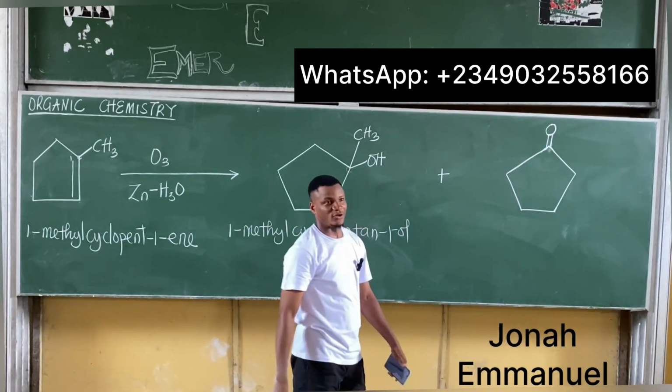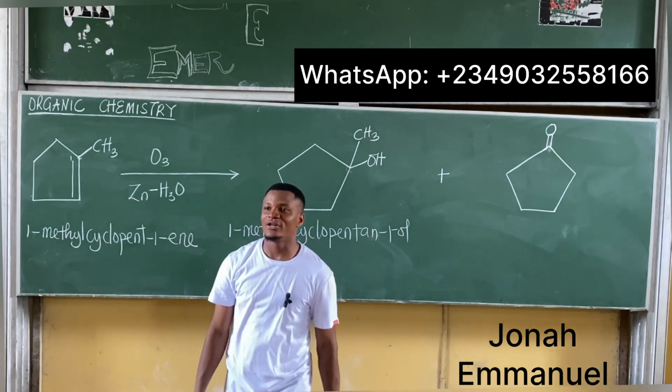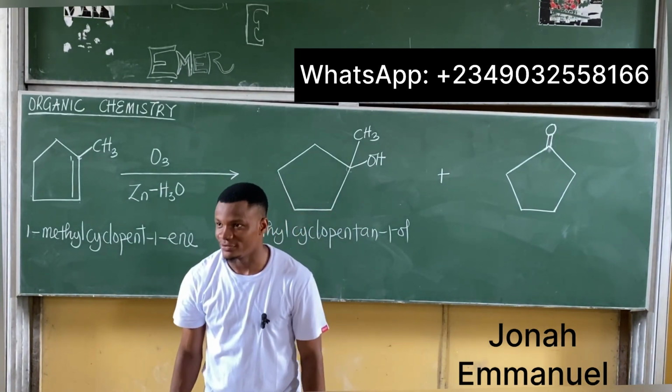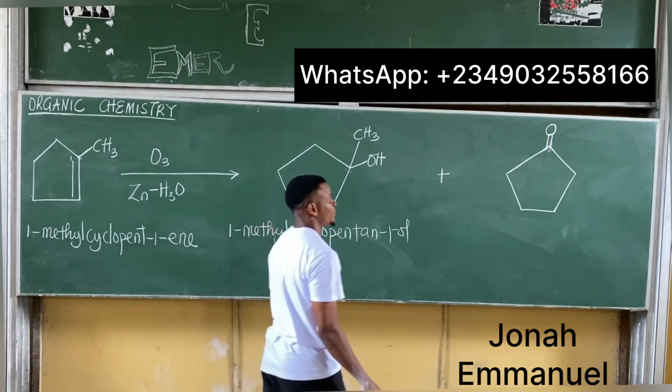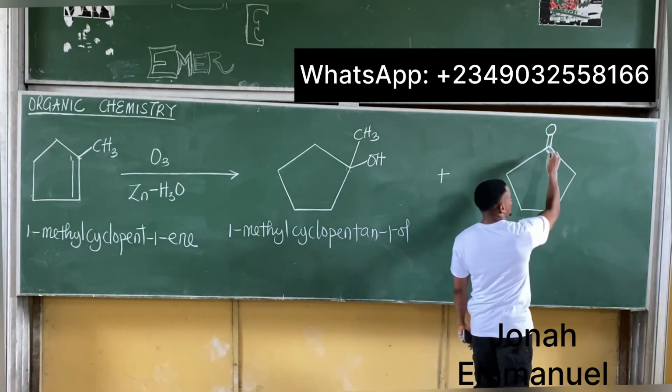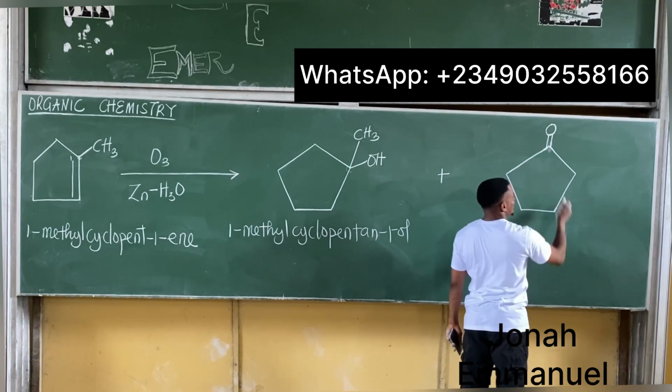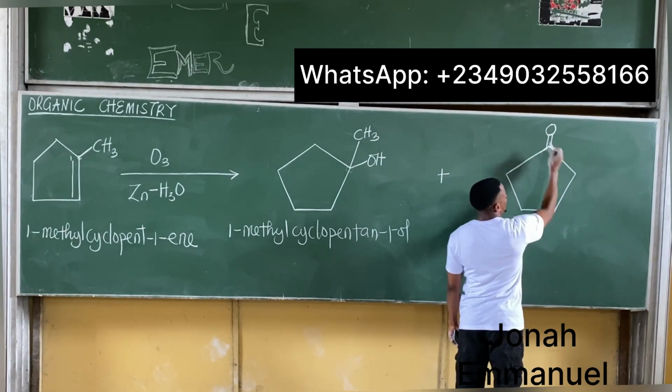So this is cyclopentanone. There's no way I can have a 1-methylcyclopentanone, because for that, the methyl has to be here, and the carbon here already has 1, 2, 3, 4 bonds.